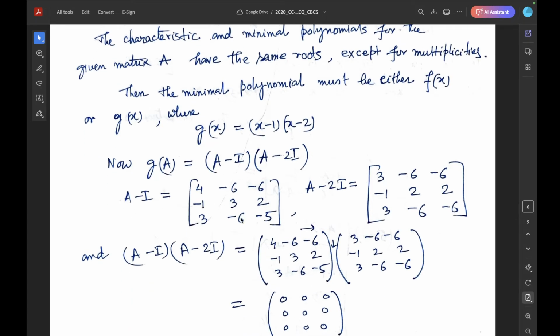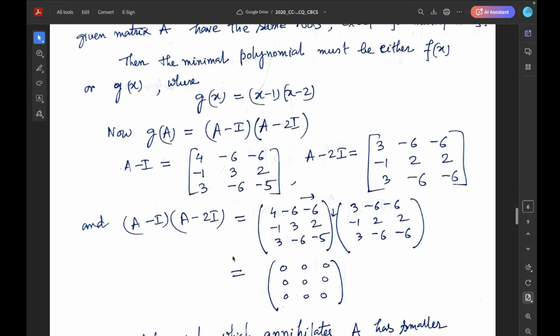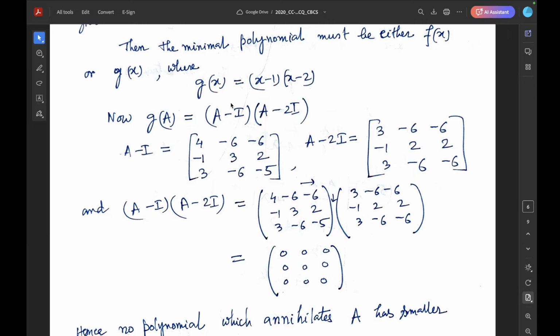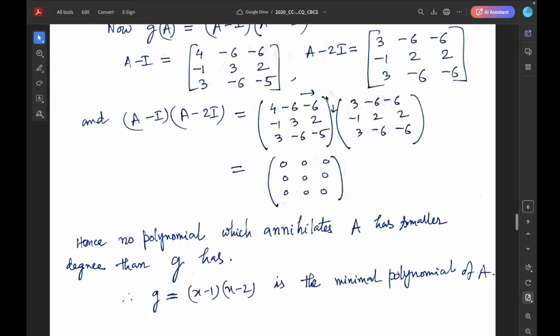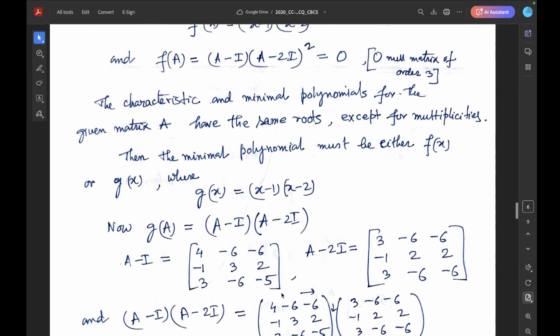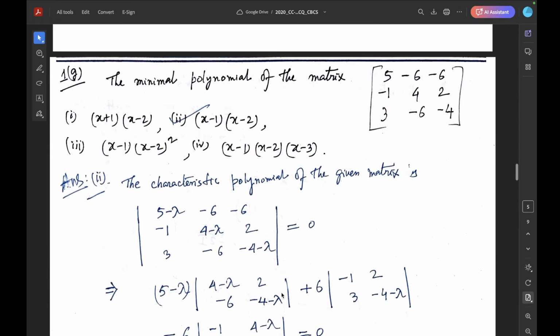Now A minus I equals this and A minus 2I equals this matrix, and (A minus I)(A minus 2I) equals this null matrix. So A annihilates this polynomial g(x). Hence no polynomial which annihilates, that is vanishes, A has smaller degree than g. Hence g(x), that is (x minus 1)(x minus 2), is the minimal polynomial of the matrix A. Hence the correct option is 2.